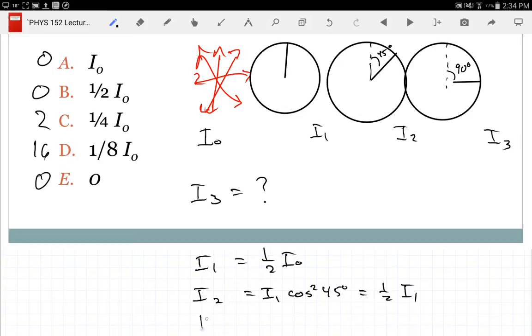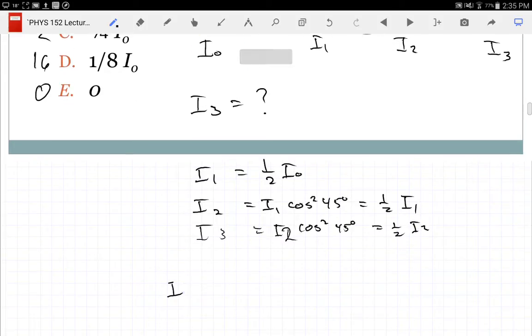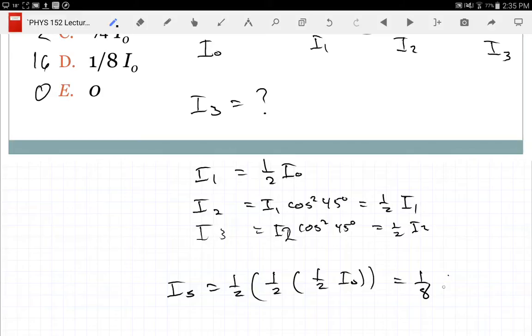And finally, how much does the last one do? And so then you just put them all together. I3 is equal to 1/2 of 1/2 of 1/2 I0, which equals 1/8 I0.